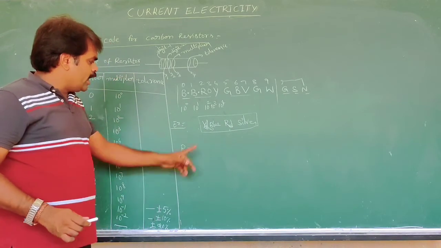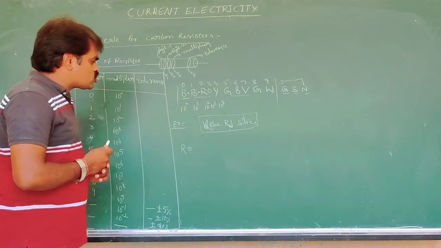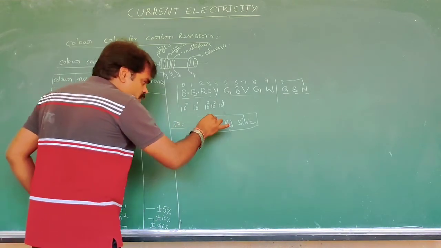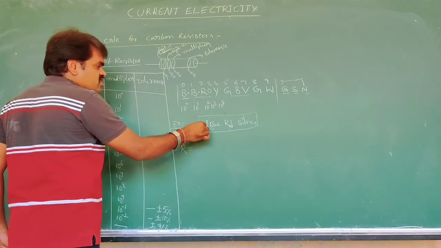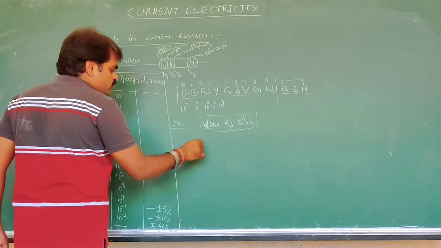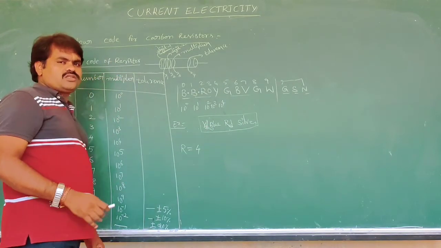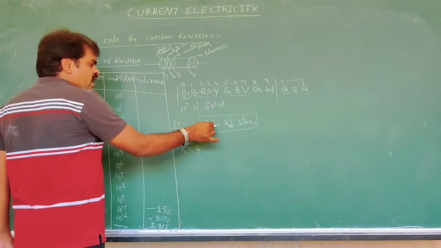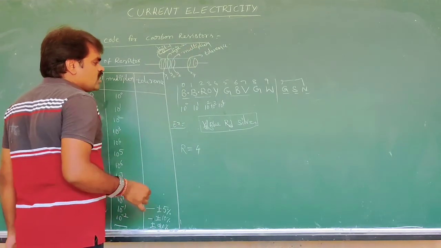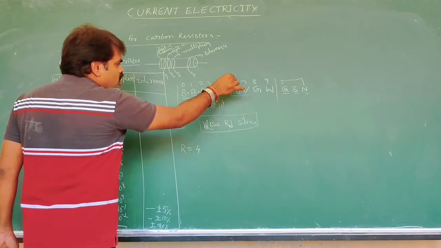Very simple. Yellow is the first band, the first digit. Yellow color code is 4. The second band is the second digit, blue, which belongs to 6.